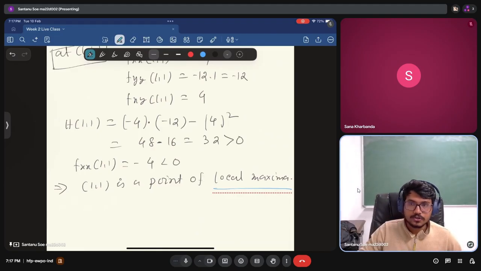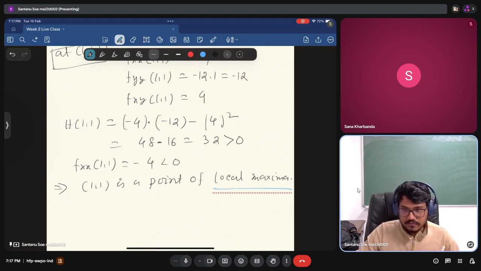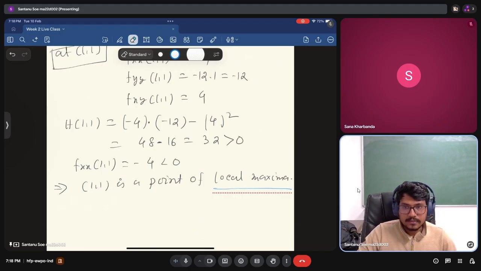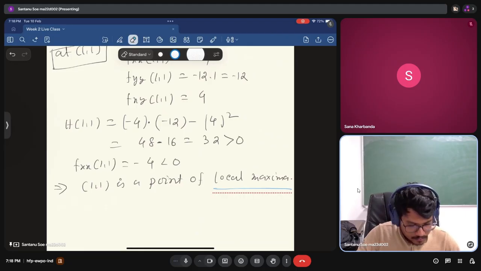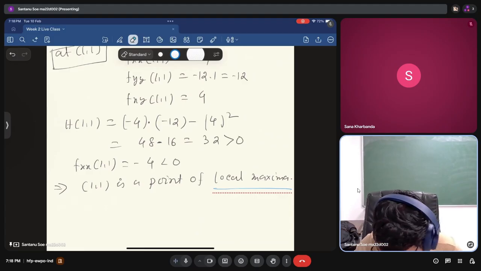Because the Hessian is positive, we have to check the value of fxx at the point (1, 1). Now since it has come to be negative, it will be a point of local maxima, and if it was positive, then it would be a point of local minima. I think this is clear now.